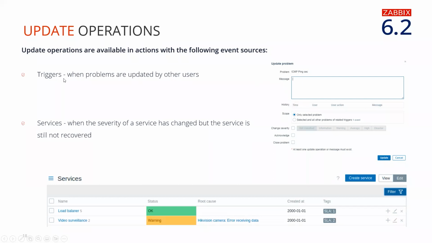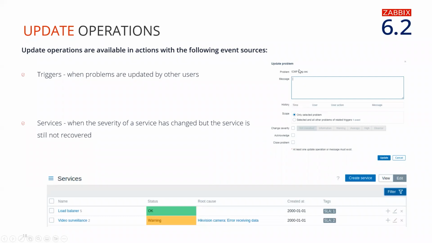And about the triggers, every change that you make on this screen, when you click on problems and then there's a little column with yes or no, every change that you make in this form is going to be an update, and based on that update, you're going to receive a notification.